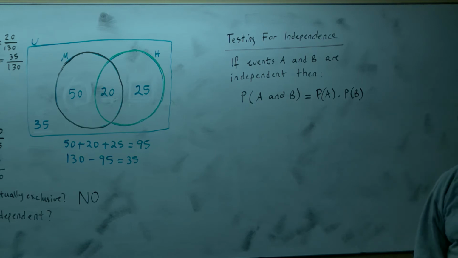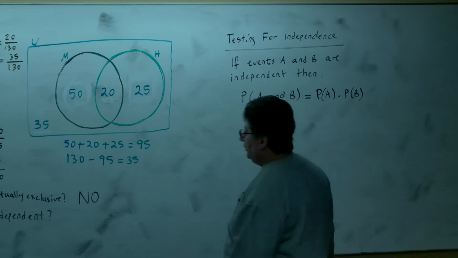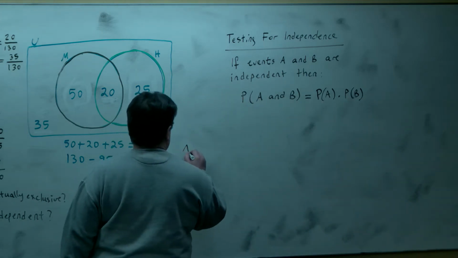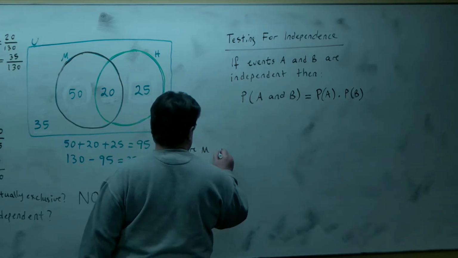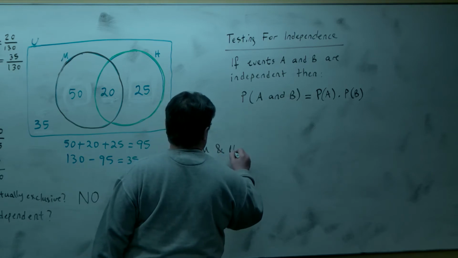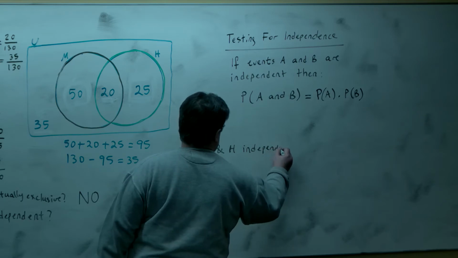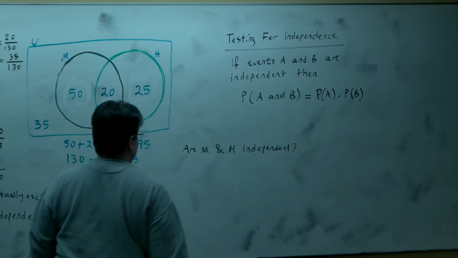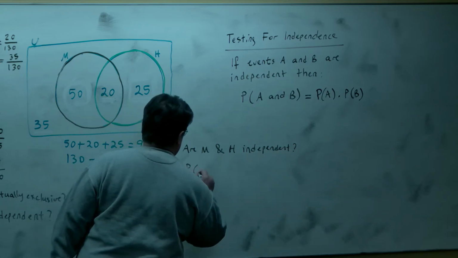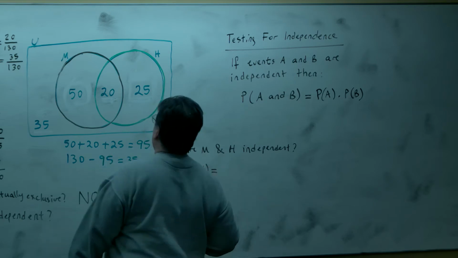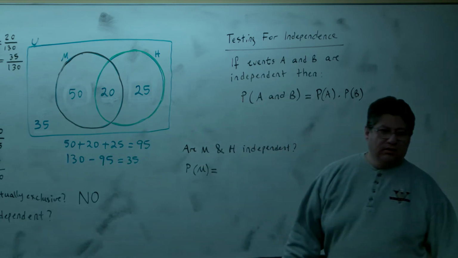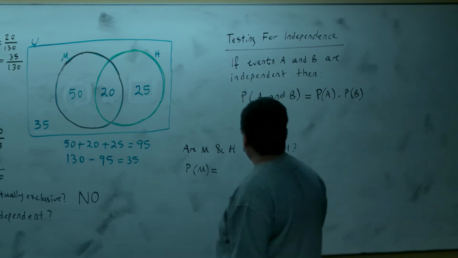So we will see. Now, the question is, are the events of taking math and taking history independent? So, what is the probability of taking math? 70 over 130.